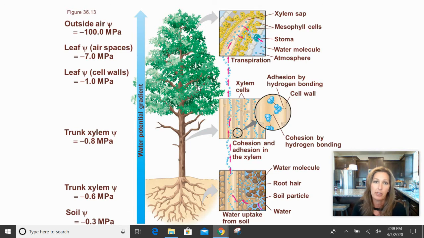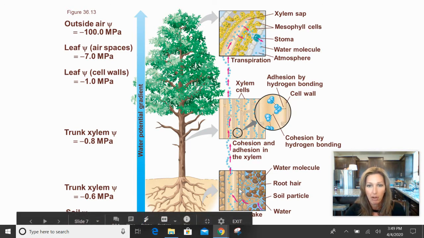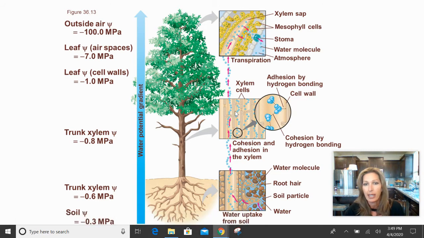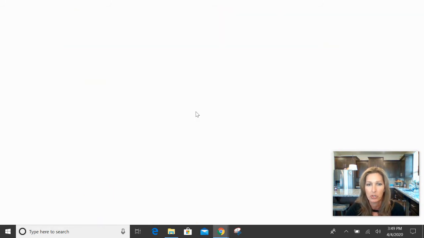But this movement of water, even through these small little xylem, water is adhering to the walls of these dead cells, and then water is also adhering to water. So we actually have this cohesion and adhesion happening within the xylem to help with transpiration.